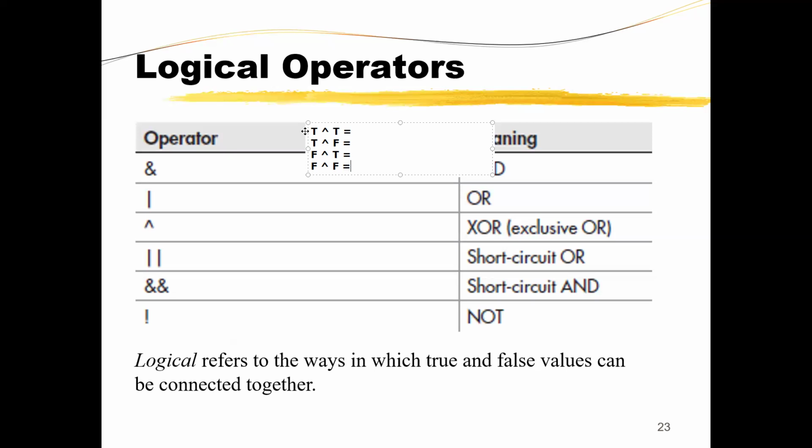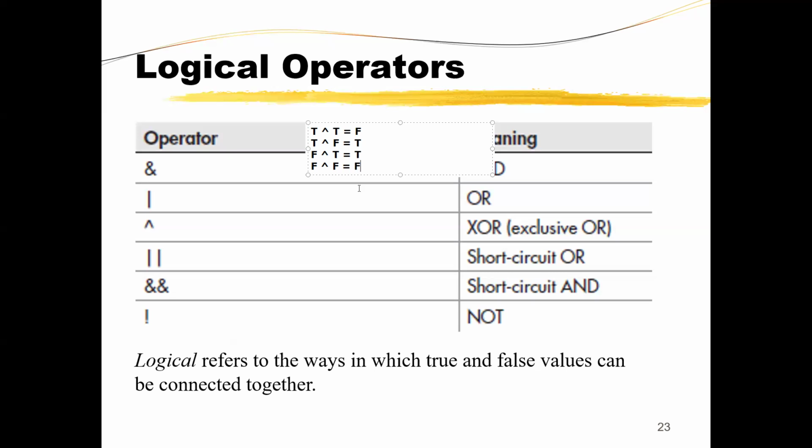True XOR true is what? False. Okay. True XOR false? True. Right. Then false XOR true? True. Okay. And false XOR false? False. Right. When the operands are opposites, it will return true. That is how the exclusive OR operator works.